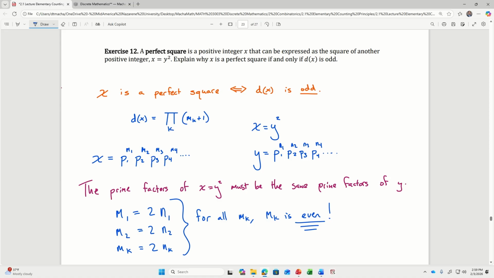So none of these are even numbers. They're all odd numbers. Now if I subtract 1 from an odd number, it necessarily gives me an even number. And that means mk is an even number. And if all of these mk's are even numbers, I could divide each by 2 and get a positive integer, and that means I could construct a number y with this prime factorization so that y squared equals x.